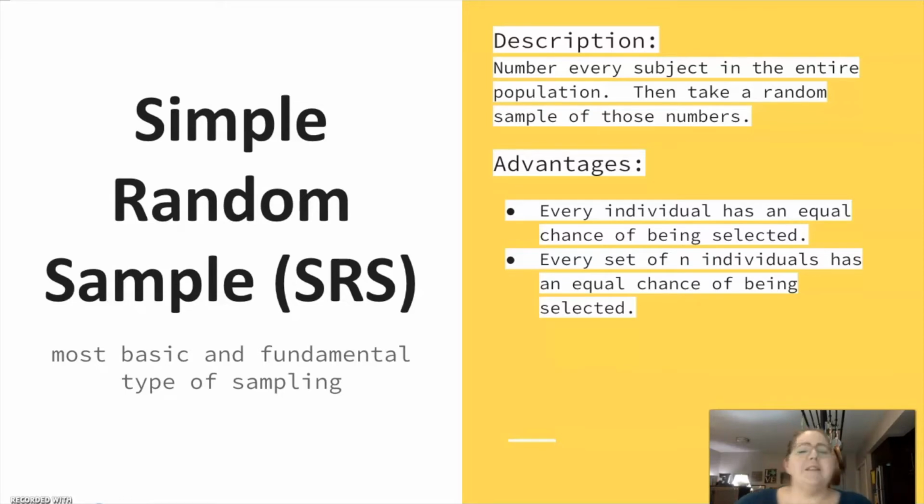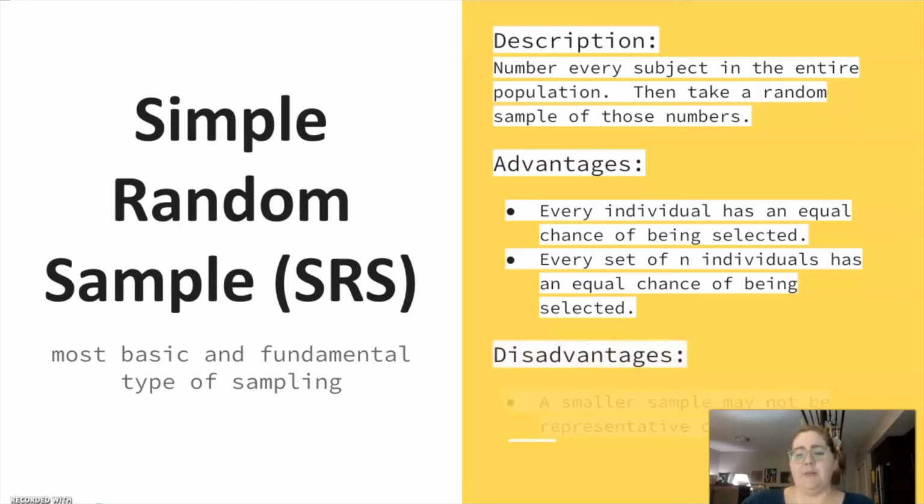So picking the first 10 people in the line is just as likely as picking every 10th person, which is just as likely as picking the last 10 in the line. Every combination of 10 people has the same chance of being picked. Again, that's not always an advantage, and we'll talk about that with some of the other sampling methods, but it is something that is only true about a simple random sample.